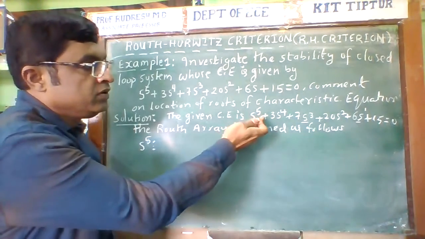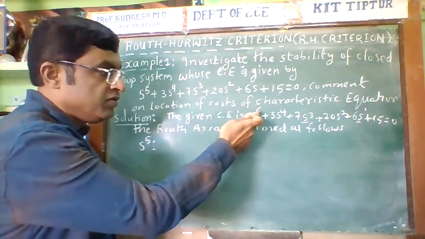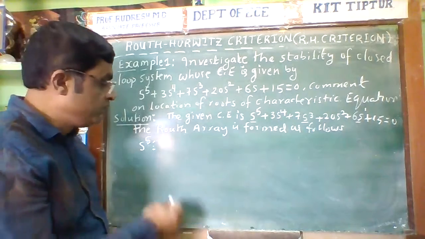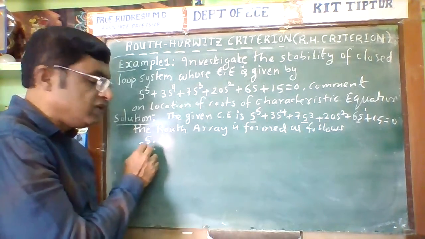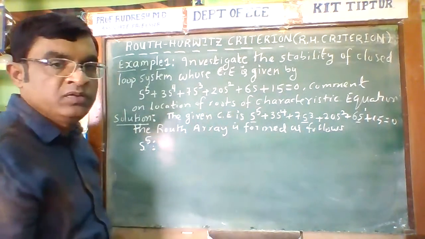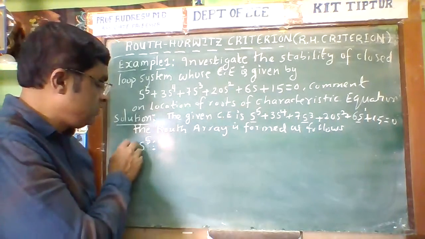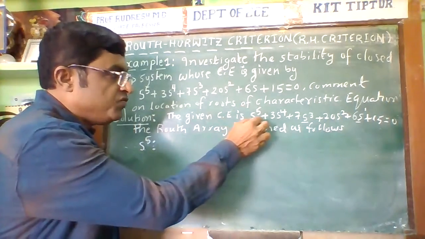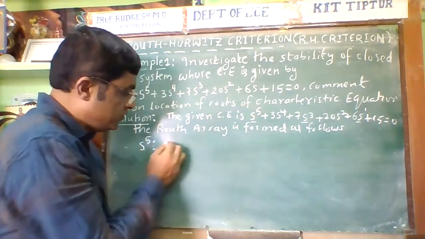Here the highest power of S is 5. Therefore, 5 is an odd number, and the first row is the S power 5 row. The S5 row is formed by the coefficients of the odd powers.